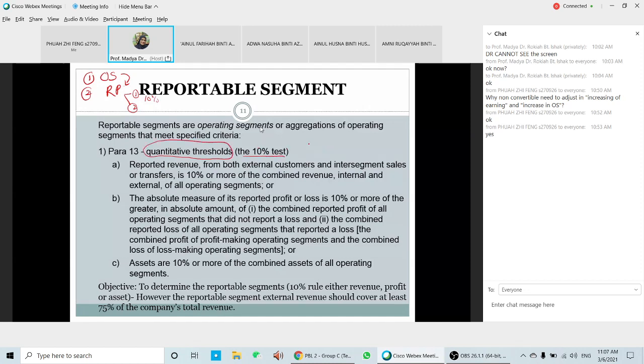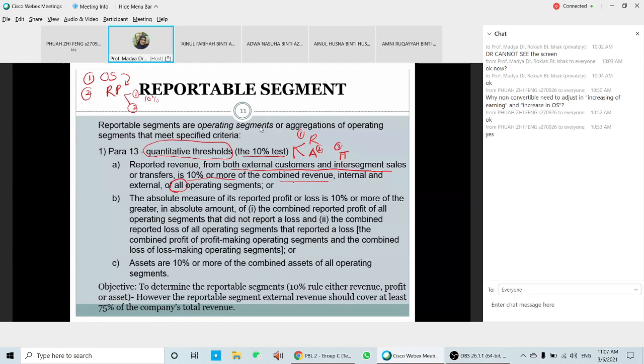The 10% test examines three items: revenue, assets, and profit. First, reported revenue from both external and internal customers should be 10% or more of the combined revenue, internal and external, of all reporting segments.